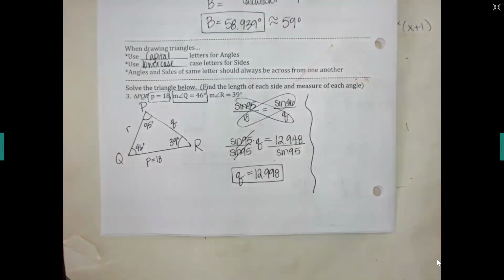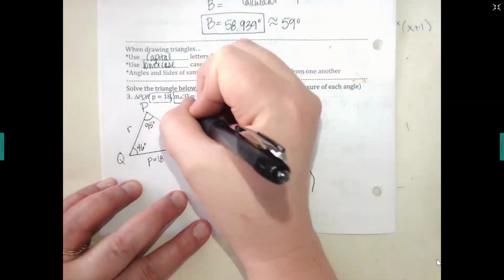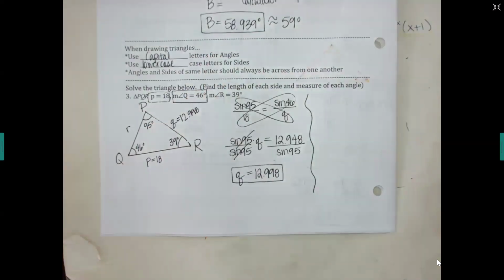Okay, then let's say we know Q now, 12.998. Then the only side left that I need to find is R. And so when I do my setup for R, this left-hand side is going to stay exactly the same. But if I want to put a little r here, what do I have to put on top of it?